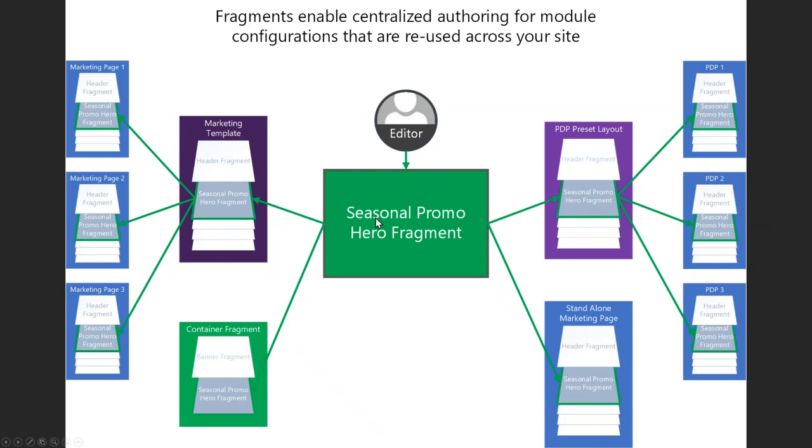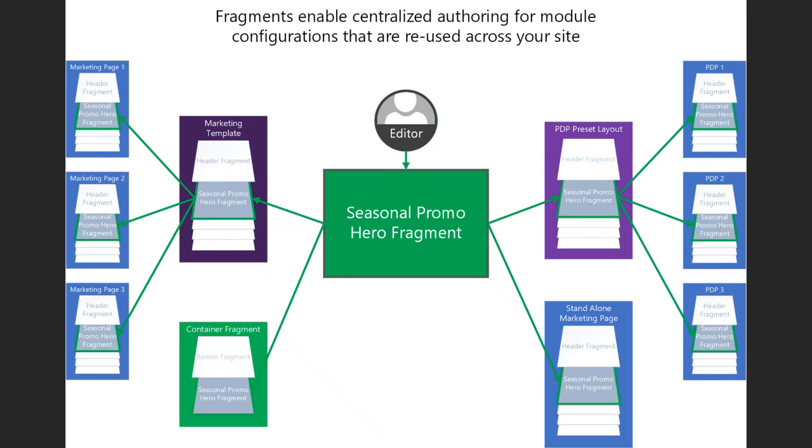The way fragments work is they can actually live just about anywhere in the page model. We have an example here of a seasonal promo hero fragment. I can put that one fragment into different templates, into multiple templates. I can put it into other fragments even. So fragments can live within other fragments because, as we know, modules can be containers.